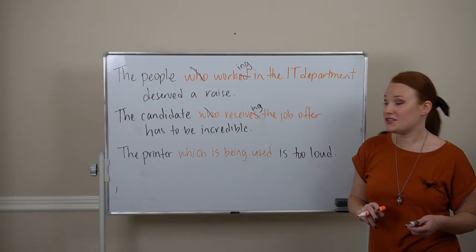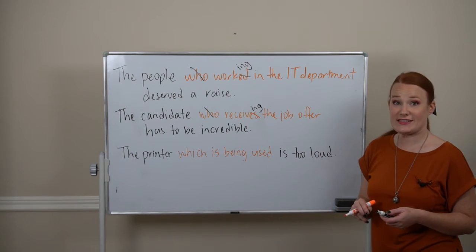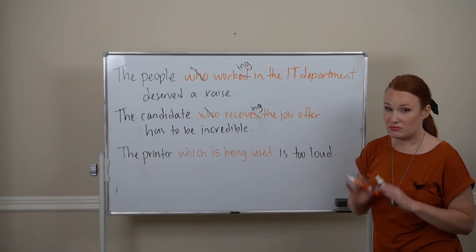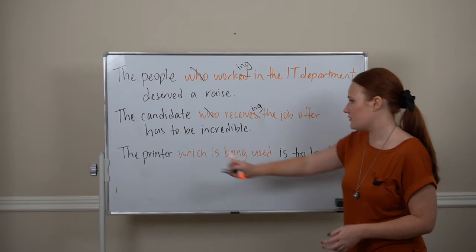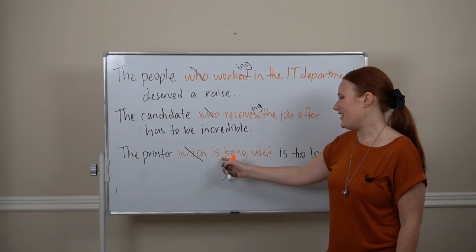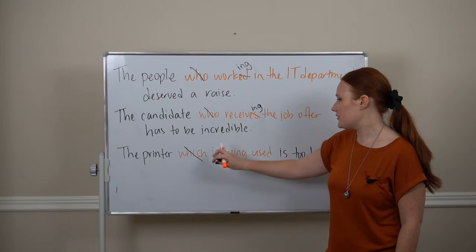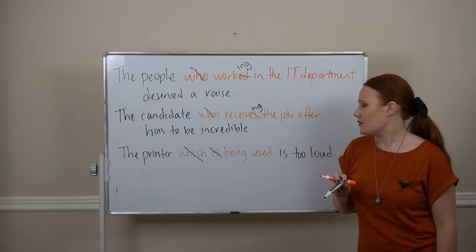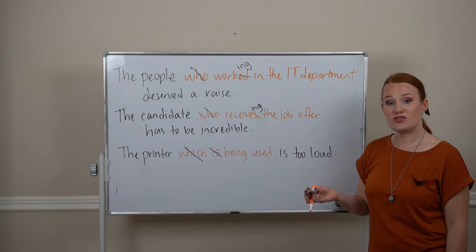The printer which is being used is too loud. Like we talked about before, we're going to get rid of the relative pronoun, and we have is being used. We'll get rid of that to be. So we end up with the printer being used is too loud.